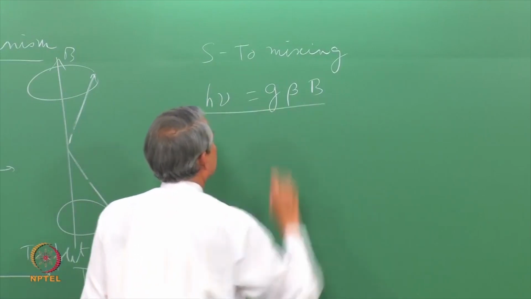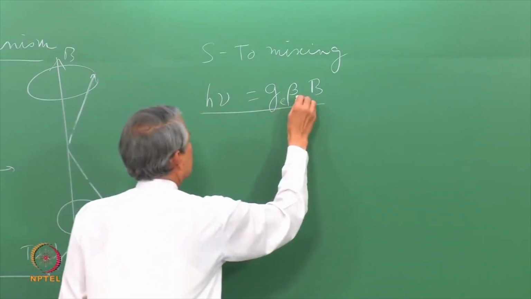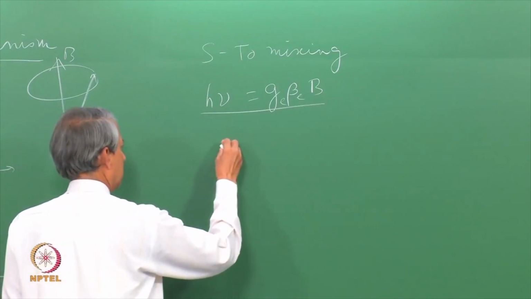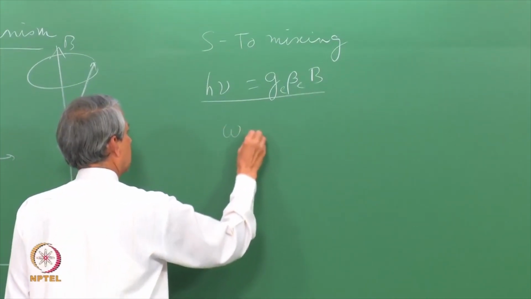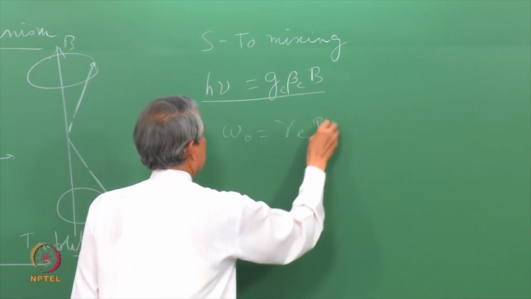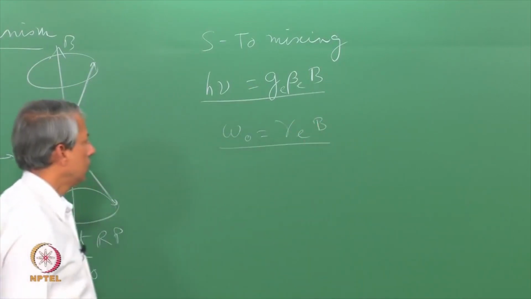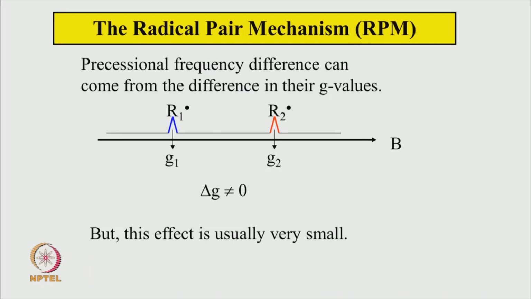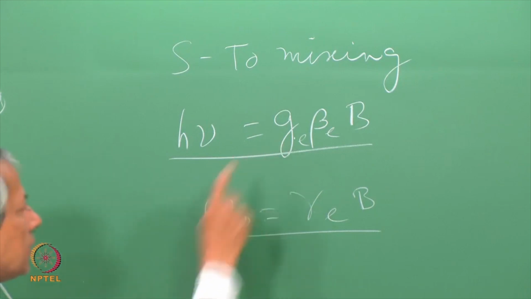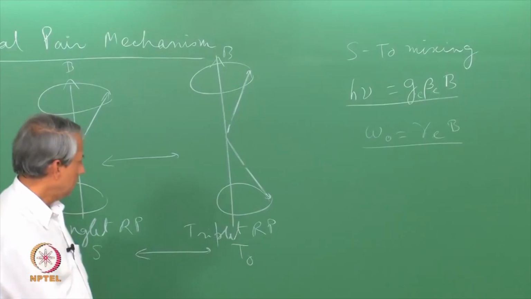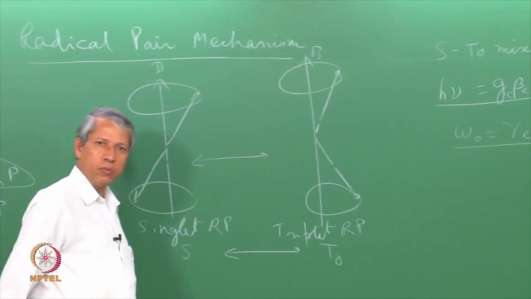This is the resonance condition for EPR transition, or in terms of precessional frequency it is gamma B, and these are related. So, if the g factors are different for the two radicals, then the precessional frequency will also be different.